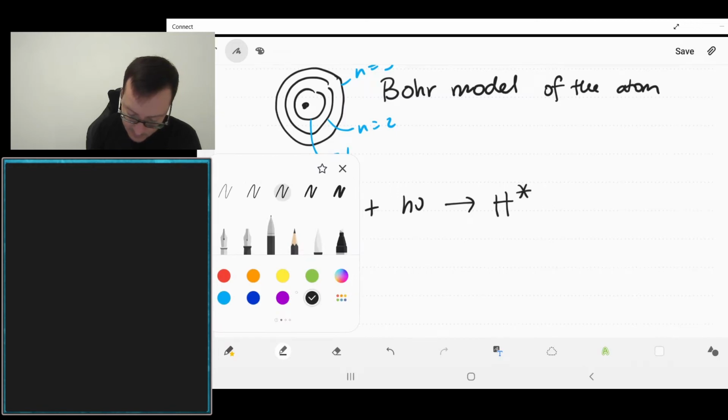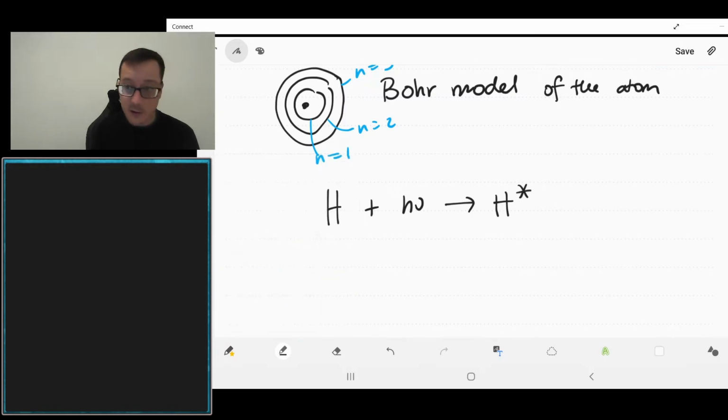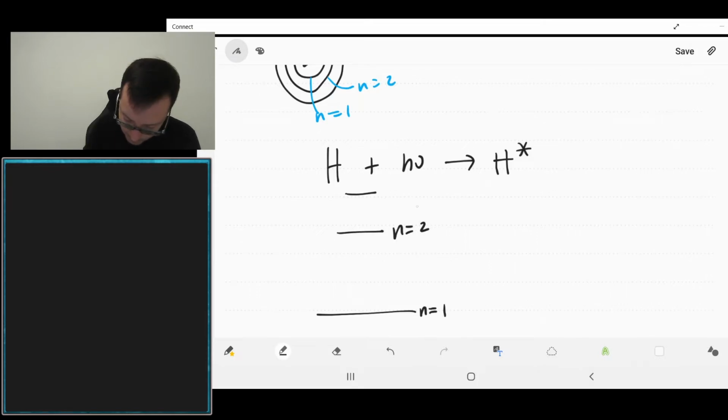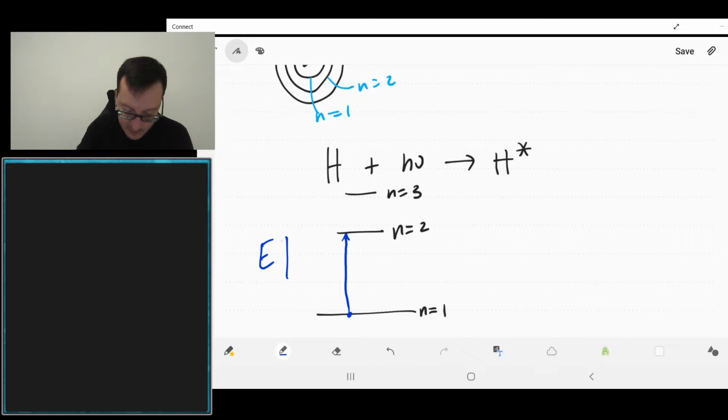For us in the Bohr model, instead of doing it circularly, I'm going to do it just kind of linearly. This could correspond to an electron getting excited and going up to the next energy level. This axis here is energy.